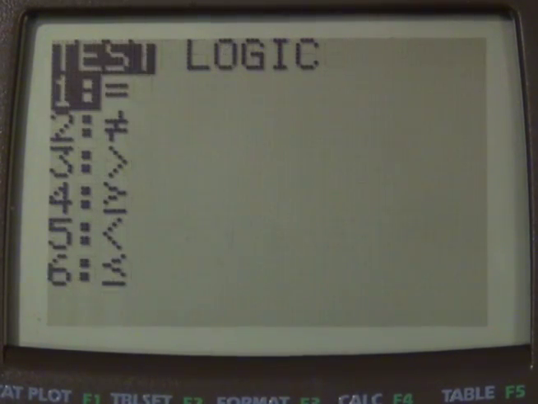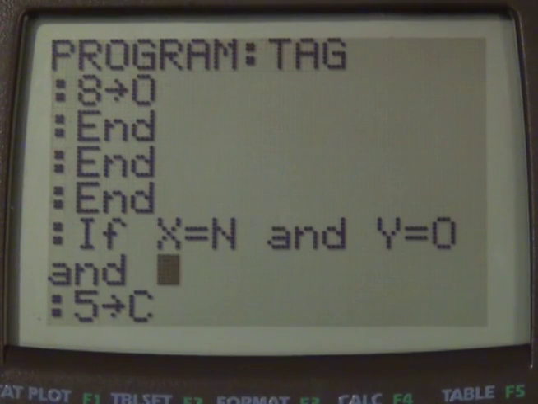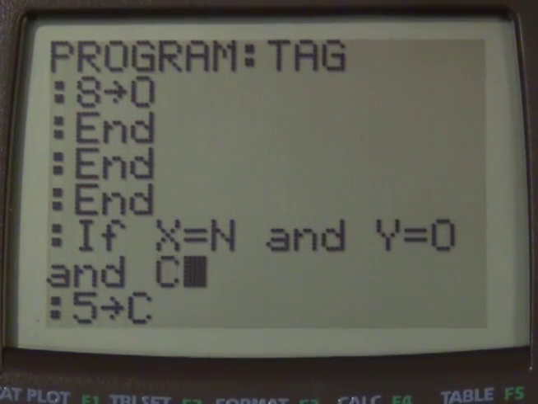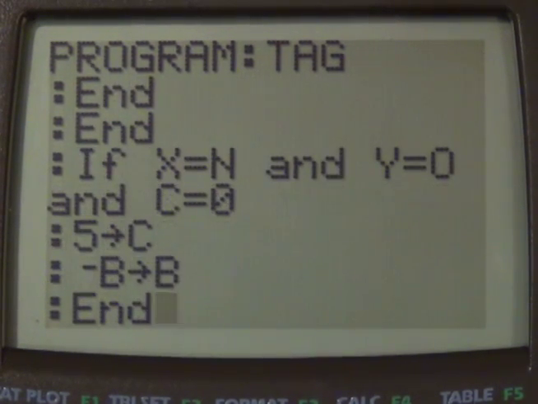And let's also make it so that we can't reset it. So as soon as we touch, we can't set C back to 5. So if those are all true and C equals 0, then we can set C to 5.